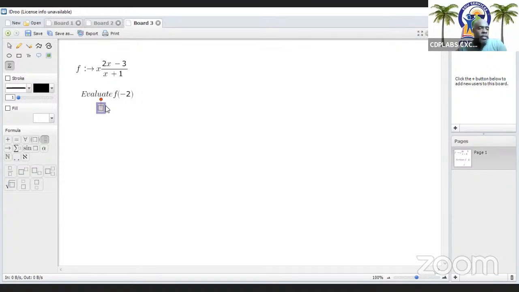All right, so let's continue. Wherever there is x, we are going to put negative 2, so let's rewrite this function here. We can write it as f, put our arrow there, x, well, we'll put 2.